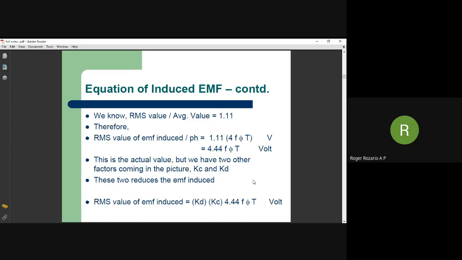Why did we introduce Kp in the EMF equation? Why did we introduce Kd? Just tell me this, and we will conclude the class.